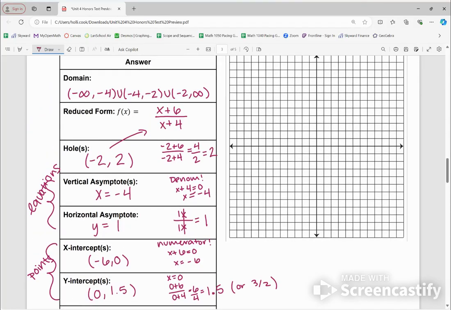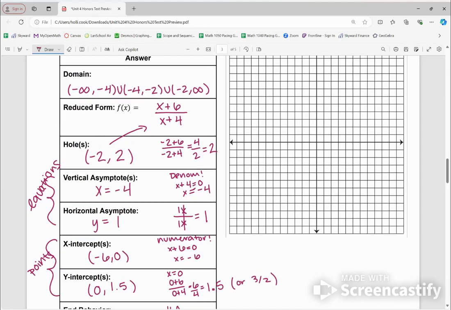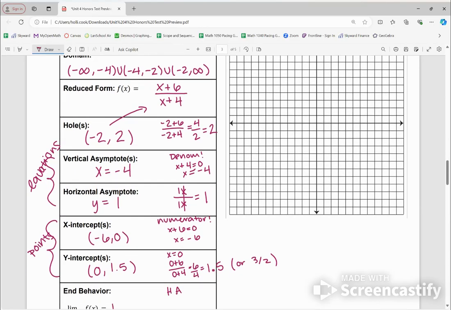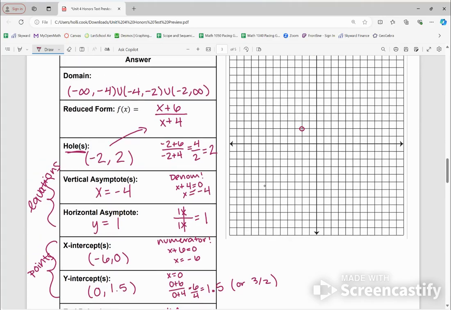Now let's do our graph. So when you're going through the graph, I just kind of start at the top and I'm going to graph everything that we have. So starting with our hole. We have a hole at -2, 2. So I'm going to go -2, 2 and just draw a little hole. Next, the vertical asymptote is at -4.